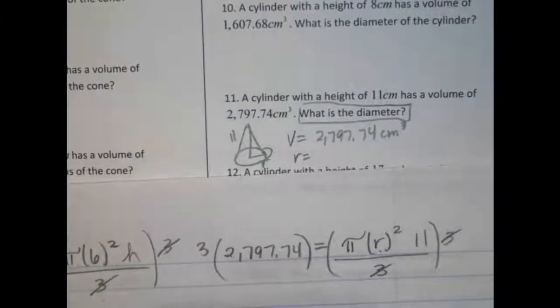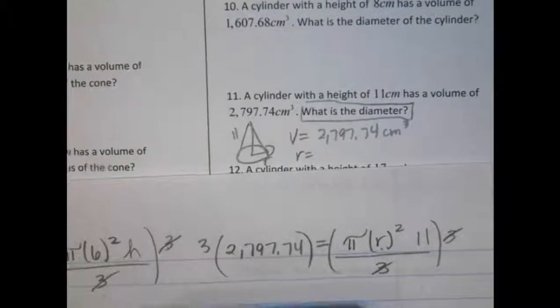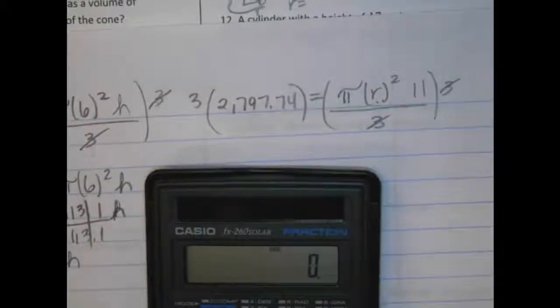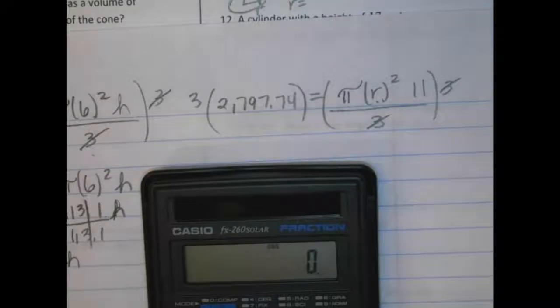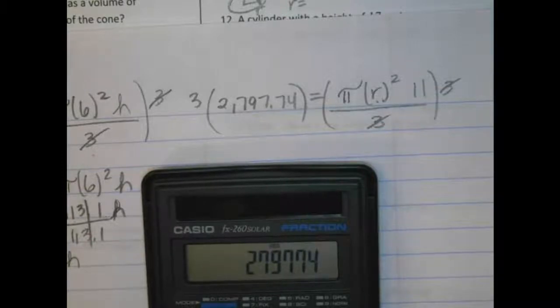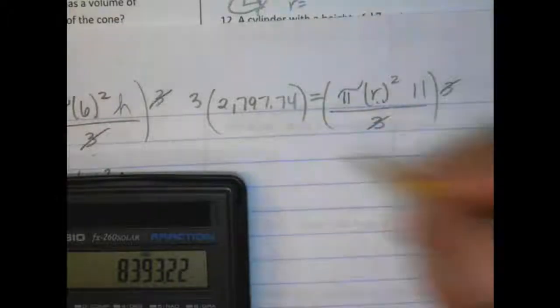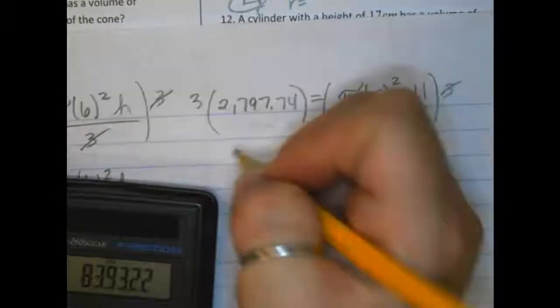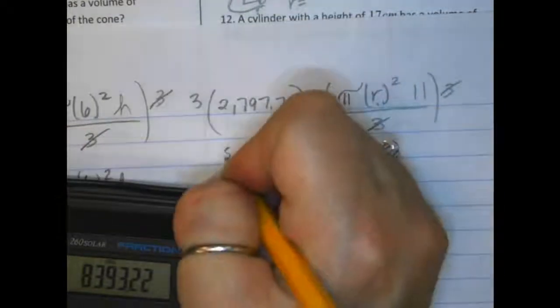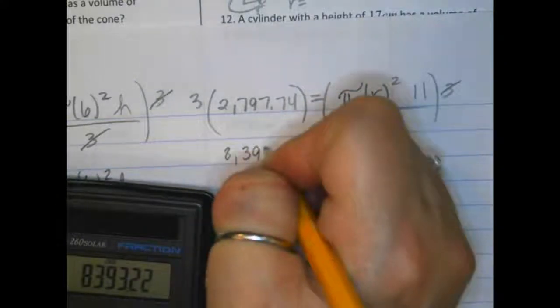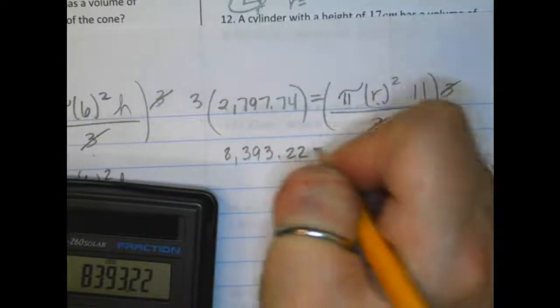Can I do that in my head? No. I can use a calculator, though. So I'm going to say 2,797.74 times 3 is going to give me a very large number of 8,393.22.